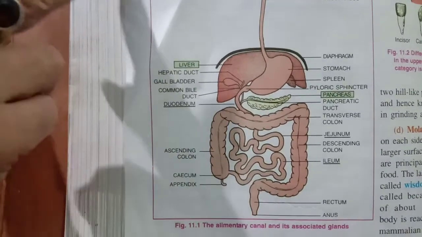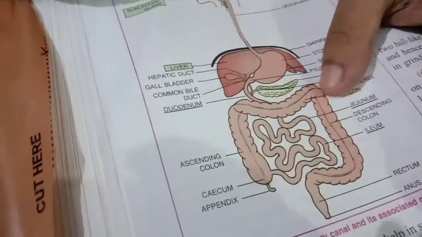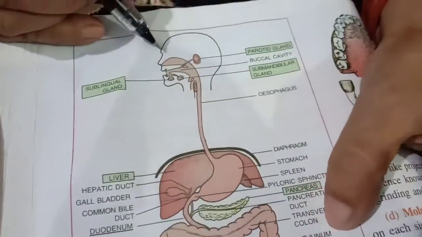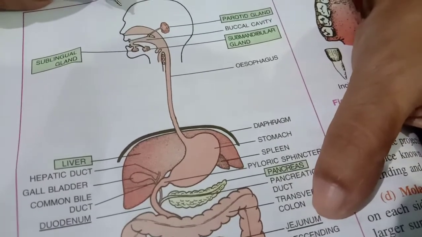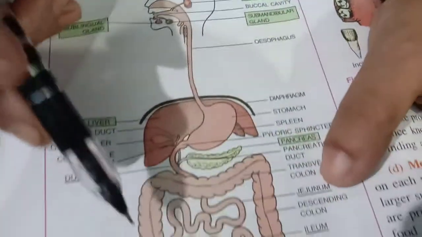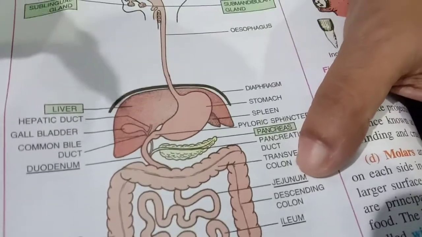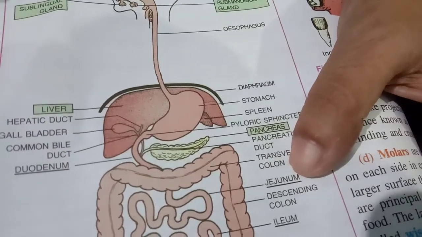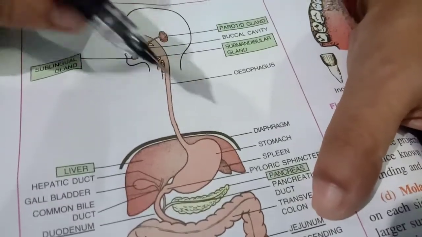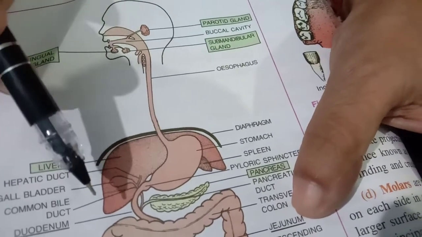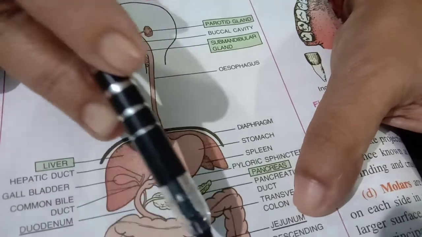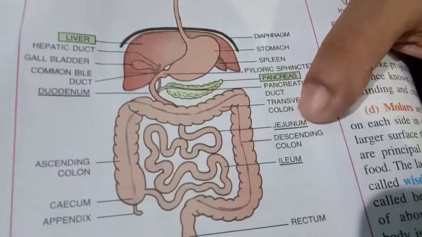Now, as you see in the diagram, what do you find? The uppermost part of the digestive system consists of various parts, and the process involves phases: ingestion, intake of food, digestion, then absorption, assimilation, and egestion. Clear?